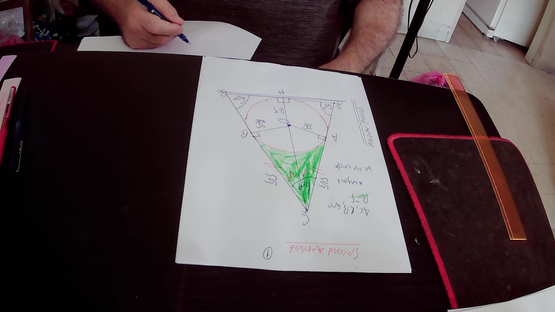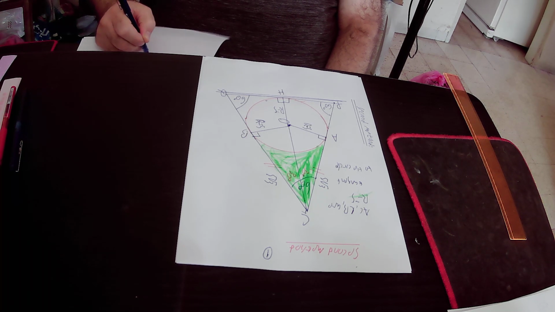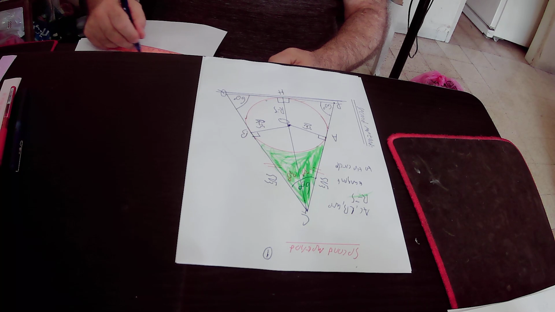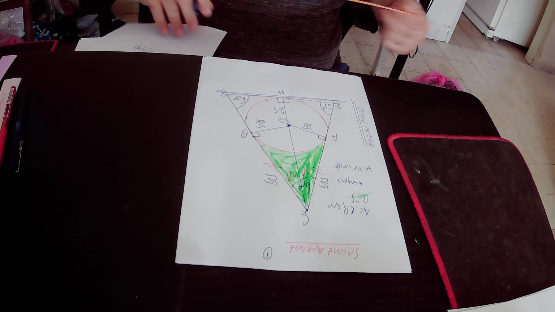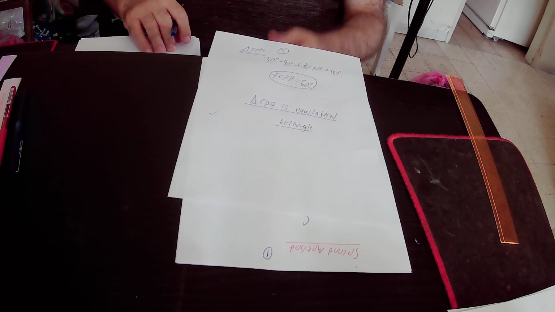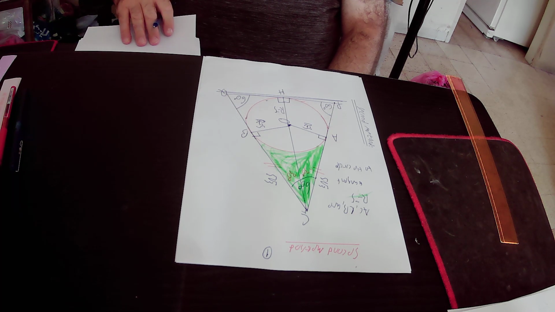That is to say, triangle CPQ is an equilateral triangle. And what is the area of triangle CPQ?